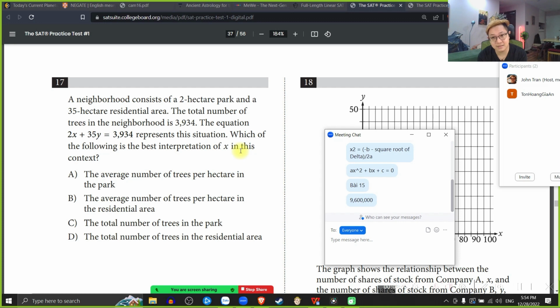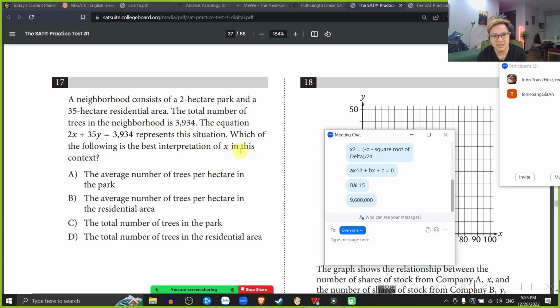The equation. Đứng trước danh từ có nguyên âm. The equation 2x plus 35y equal to 3,934 represents this situation.